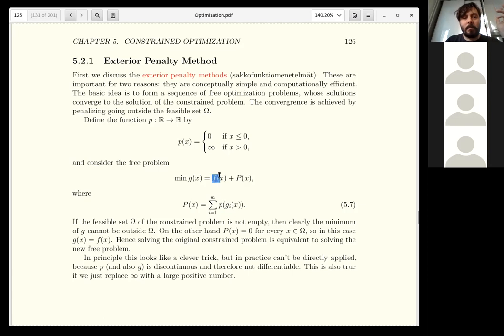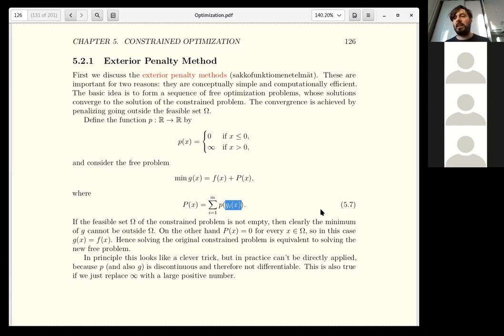It means that we are basically minimizing f of x plus some penalty, and this penalty is a function that is always 0 as long as all those g_i of x's are negative or 0, but as soon as any of them is positive, then it immediately jumps to infinity. So obviously any minimum of this is found when all the g_i of x are non-positive.